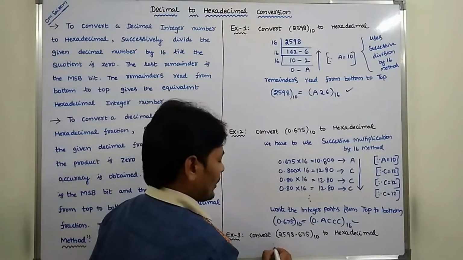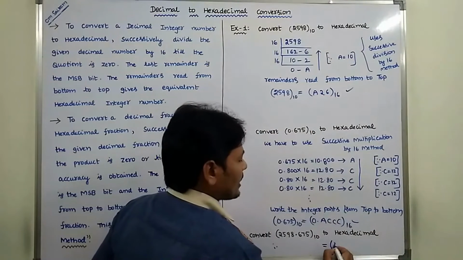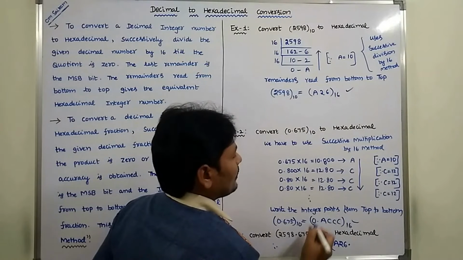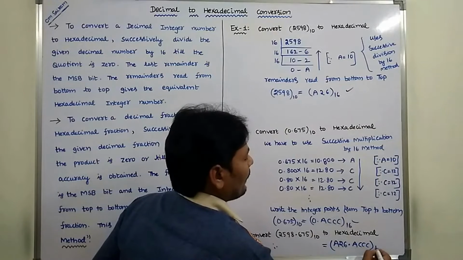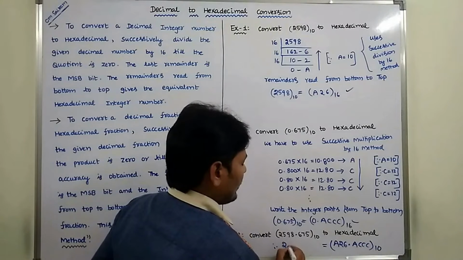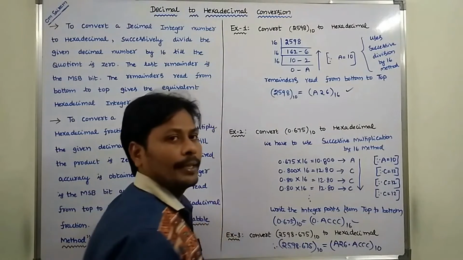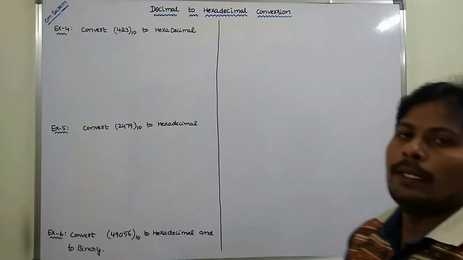So therefore, the result is A26 for the integer part, and for the fraction part, capital ACC, base 16 for the given decimal number 2598.675 base 10. Okay. So in this way, we have to solve any problem.